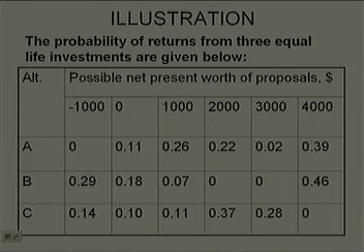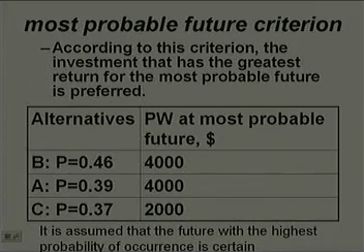What is the underlying assumption here? That whichever option has got the maximum probability values associated with it is most likely to occur, and that is why we are calling it as the most probable future. Now, if you go back again to that particular slide, now I think it will be more clear. For alternative B, we have a probability of 0.46 that I am going to get a net present worth of $4,000.